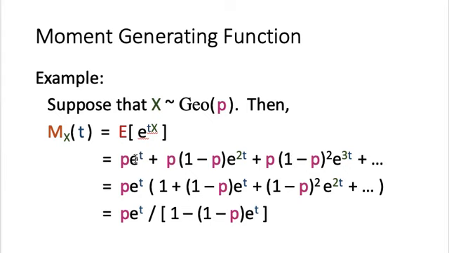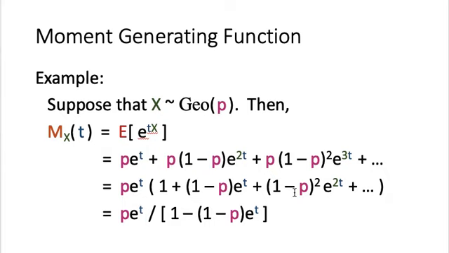And then this term, we can now do some simplification by taking the common factor p times e to the power t outside. The first term becomes 1. The second term becomes (1 minus p) e to the power t, and then the next term becomes (1 minus p) squared times e to the power 2t, and so on and so forth.